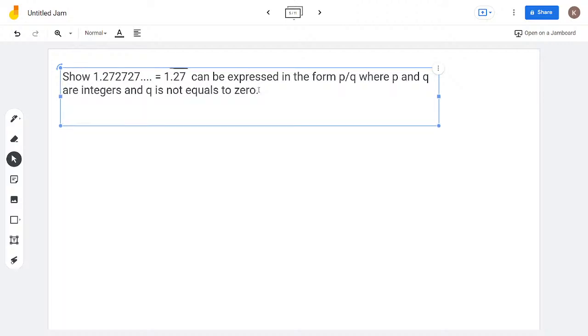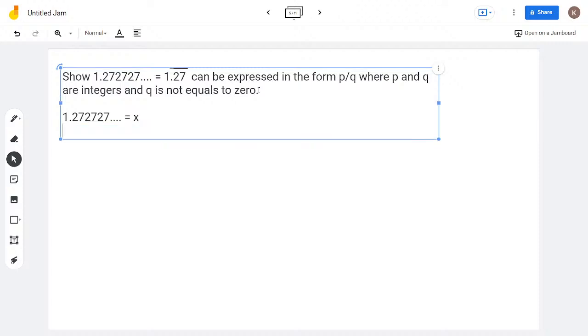First we will consider 1.272727 and so on as x. We will say this number is equal to x. Now since two digits, 2 and 7, are repeating again and again, we will multiply this x by 100. So 100 times x is equal to 127.272727 and so on.